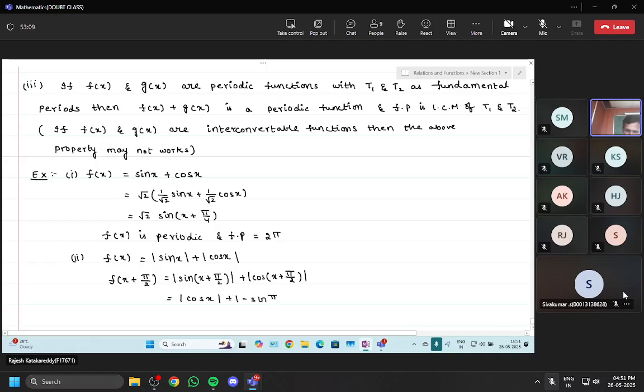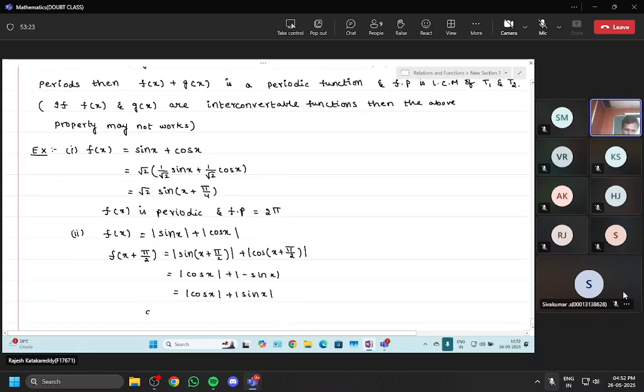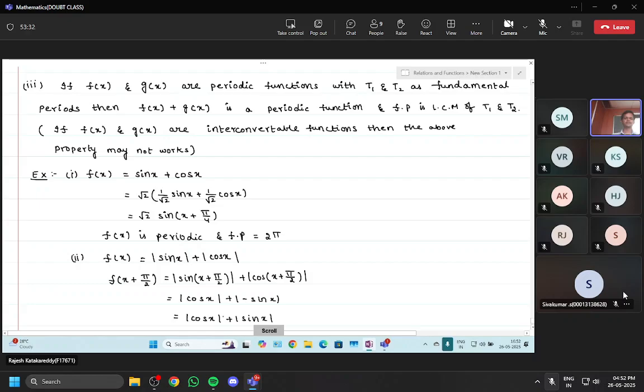Even though it is minus, modulus is there, that will change it and we'll get mod cos x plus mod sin x. Clear, here it is failing, no? In this case, the fundamental period is equal to pi by 2, not pi. Pi is a period, we'll agree, but that is not the fundamental period.